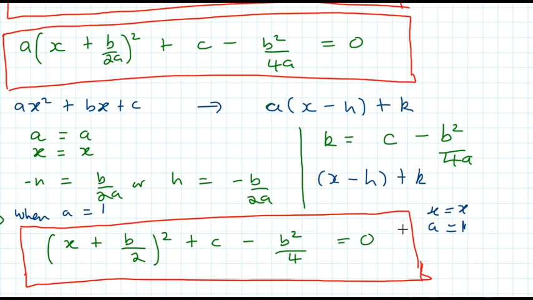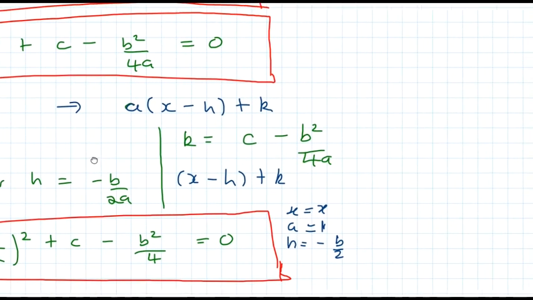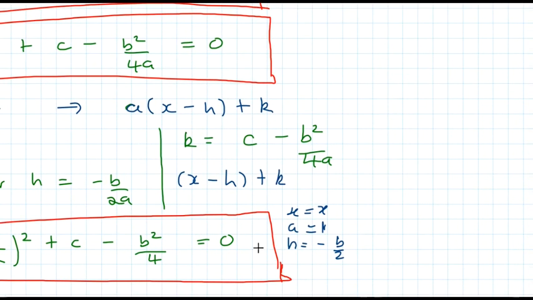There's not much difference, but we see that our h now is negative b over 2, and our k is c minus b squared over 4.